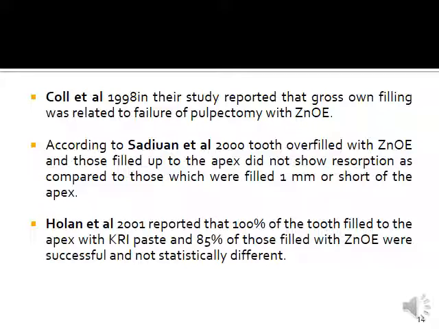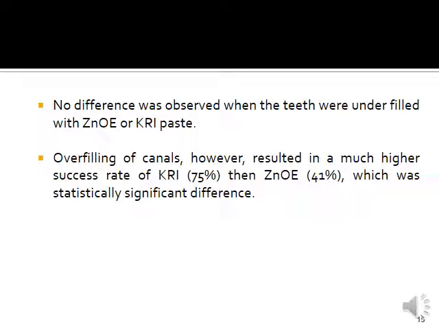Holland et al. 2001 reported that 100% of teeth filled to the apex with the KRI paste and 80% of those filled with the residue were successful and not statistically different. The same was observed when the teeth were underfilled with residue or KRI paste. Overfilling of the canal, however, resulted in a much higher success rate of KRI 75% than residue 41%, which was a statistically significant difference.